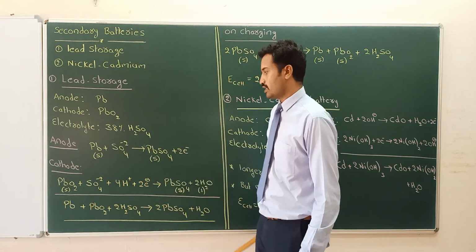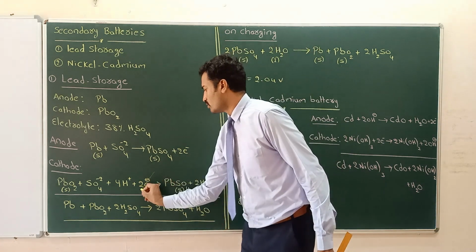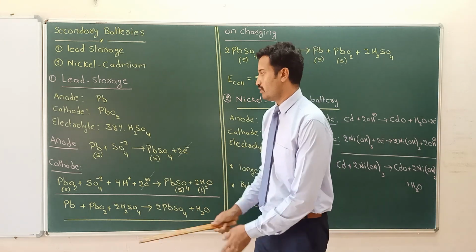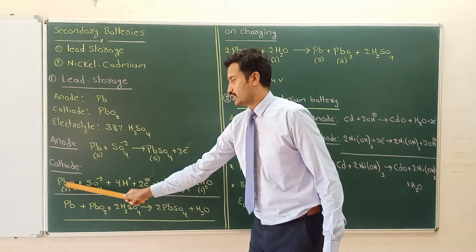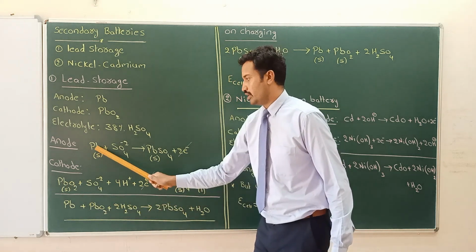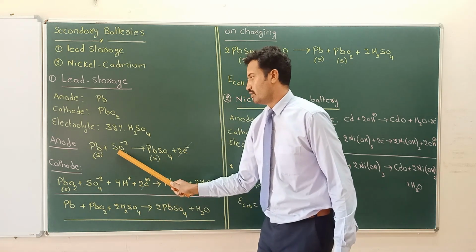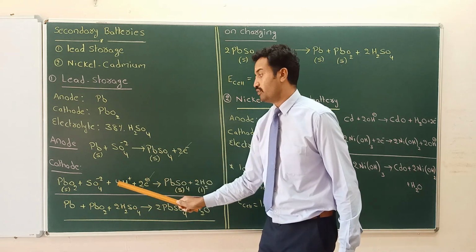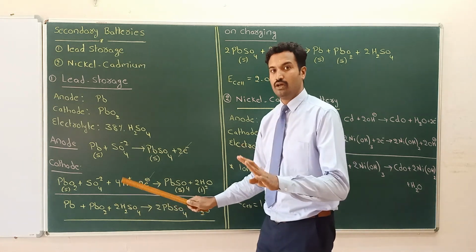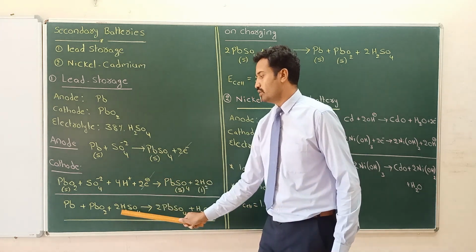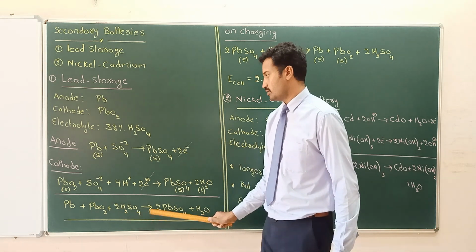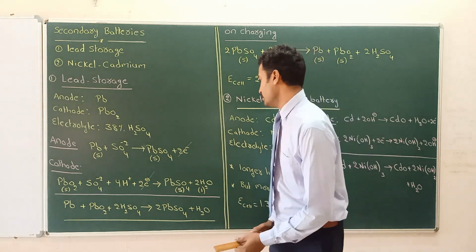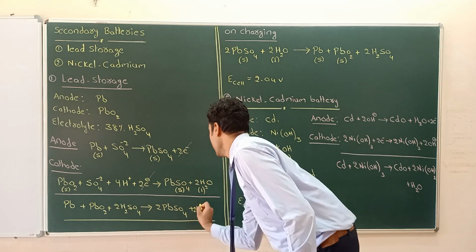Now in the overall reaction, the 2 electrons on the reactant side and product side get cancelled. On the reactant side we have Pb, PbO2, SO4 2-, so it is 2SO4 2- plus 4H+ ions, that is 2H2SO4, giving rise to 2PbSO4 plus 2H2O.